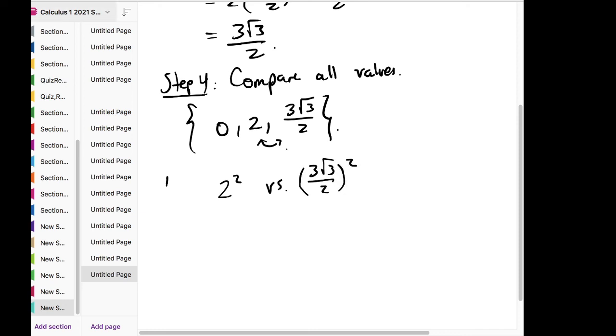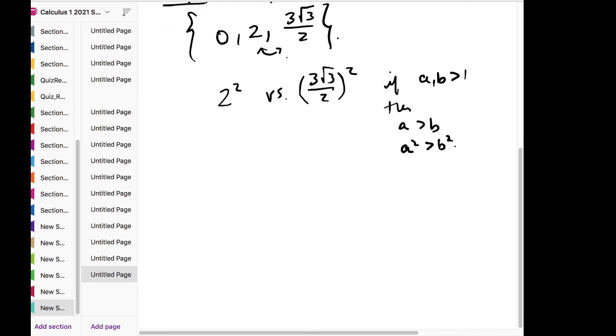So one little trick: if A and B are greater than 1, then A greater than B implies A squared is greater than B squared. That's also true for smaller numbers, if A and B are positive.